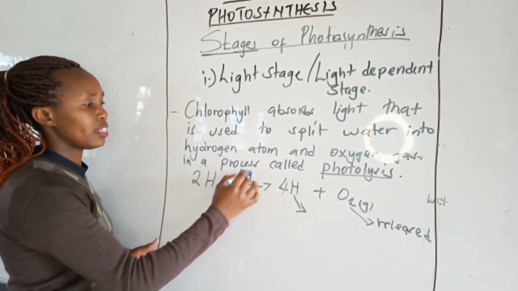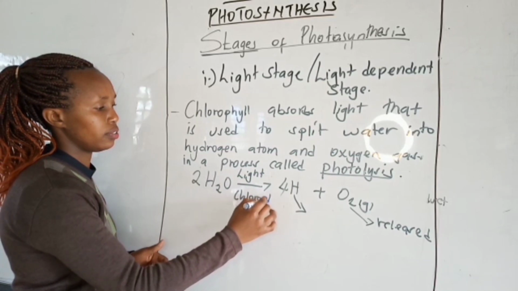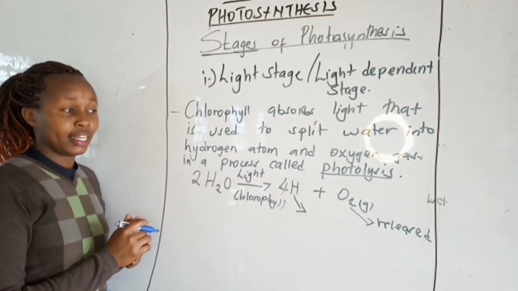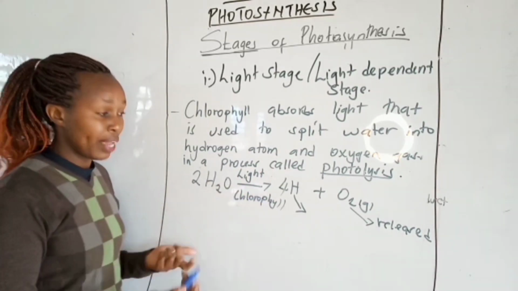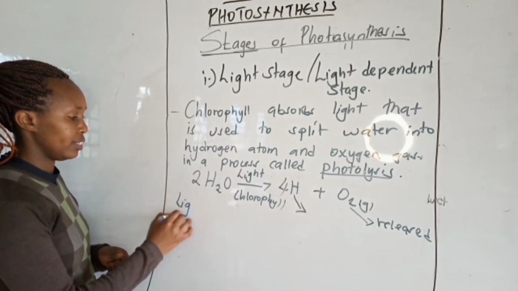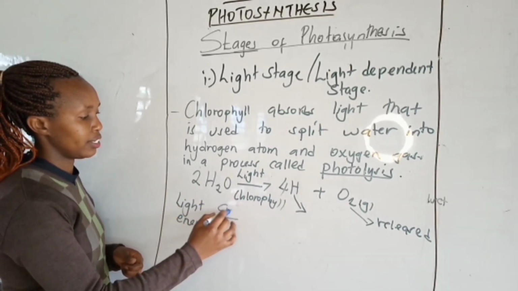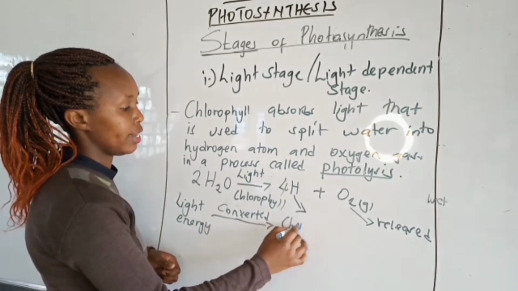This process occurs in the presence of light and chlorophyll, and therefore some light that is absorbed is going to be used to split water. The remaining light energy is going to be converted into what we call chemical energy.